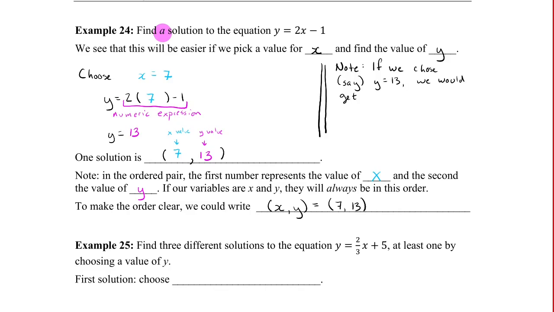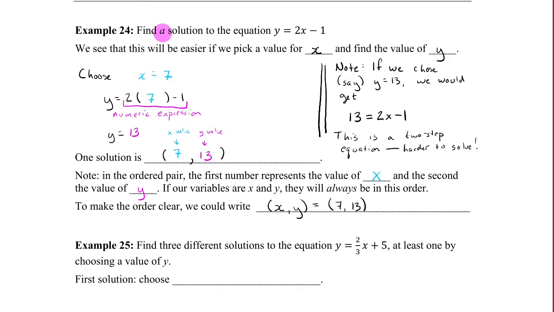If we chose, say, y equals 13, we'd get the equation 13 equals 2x minus 1, which is harder to solve, right? This is a two-step equation, so it would require more steps to solve it. Not impossible, we know how. But if we get to make a choice in solving a problem, we should always make the choice that makes our lives easy.